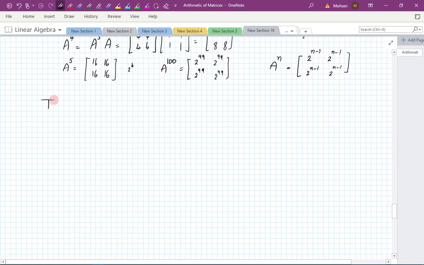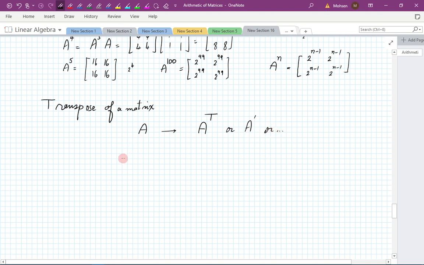So we have the idea of a transpose of a matrix. If you have a matrix A, the transpose of it might be written as A with a T on top of it. Sometimes people like to put an apostrophe around it, or some other decoration to indicate a transpose.